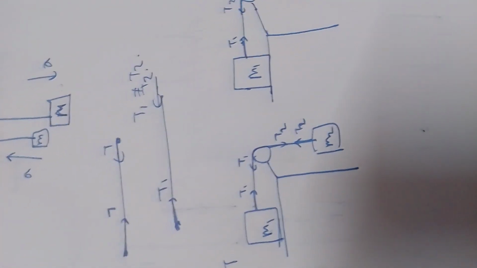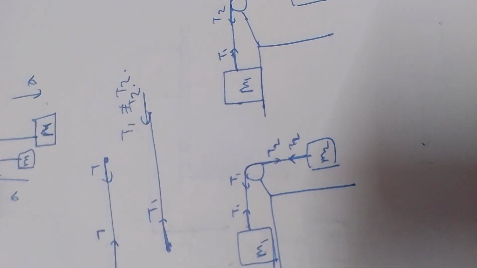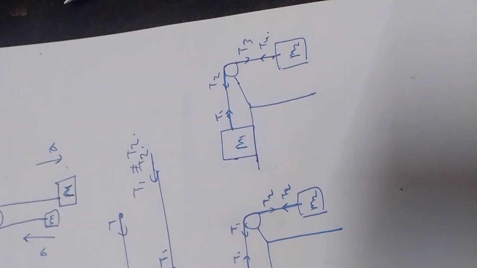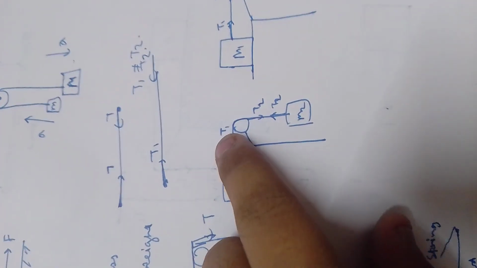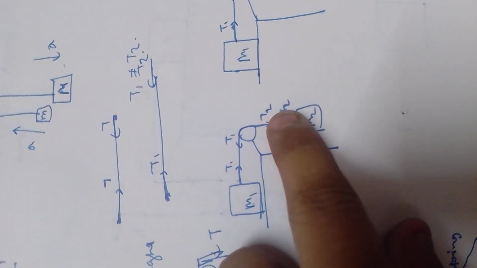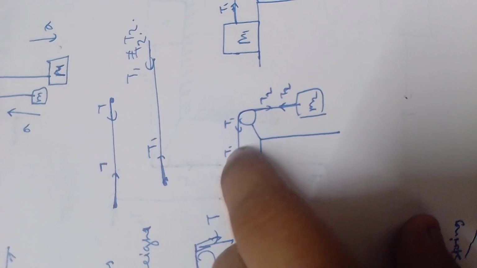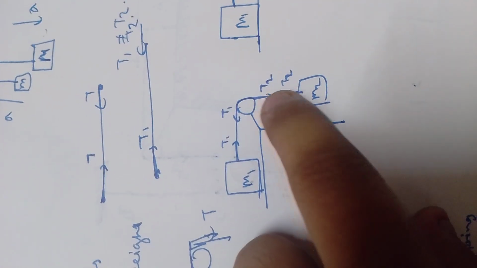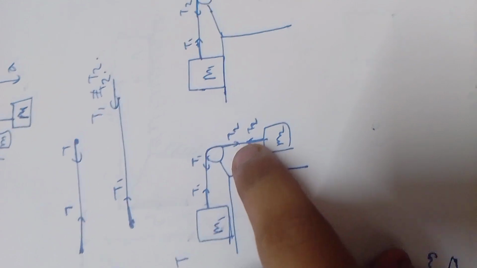The second case is that the string is massless and the pulley is not massless and frictionless, so the tension across the pulley is different, but the tension within this portion is the same, and within this portion the tension is the same.